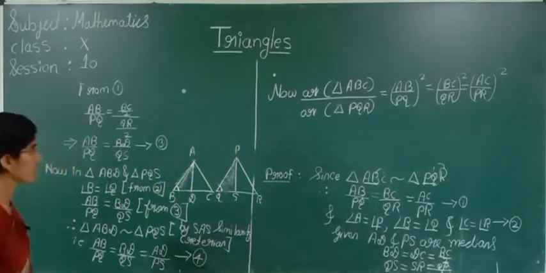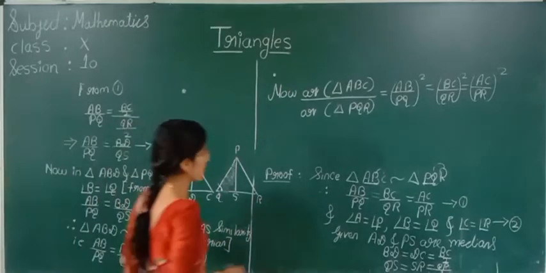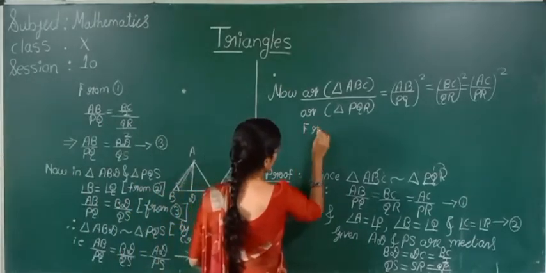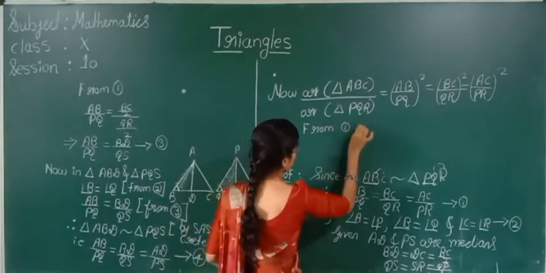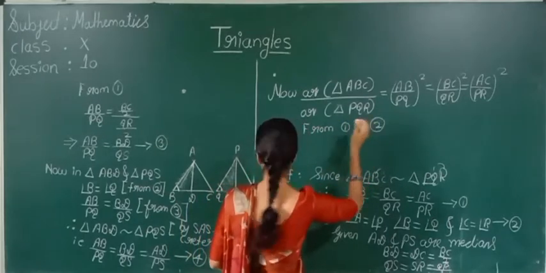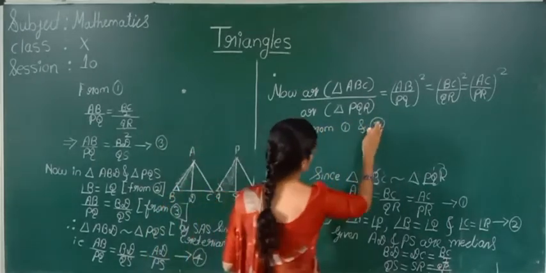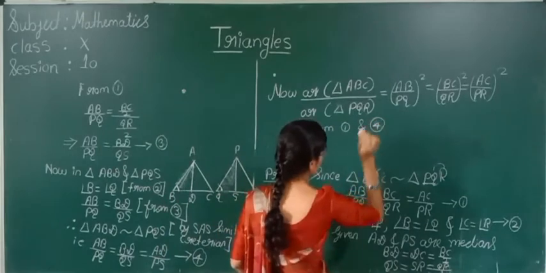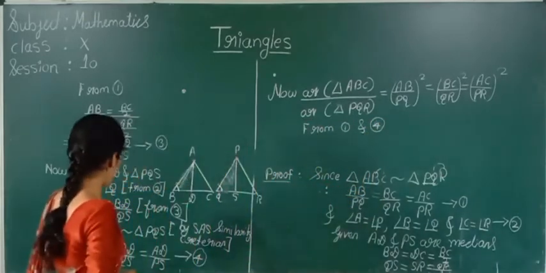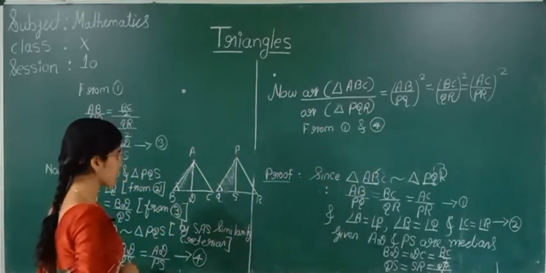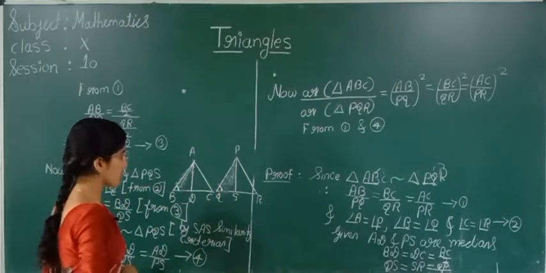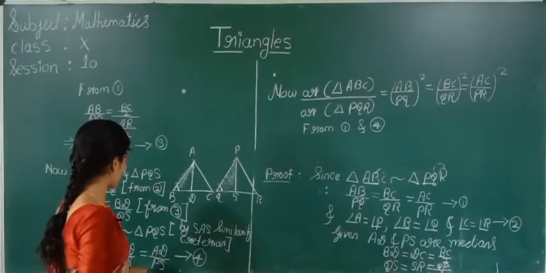Now see here, from equation number 1 and 4, what can we write? See here, AB by PQ is equal to AD by PS, I can write.